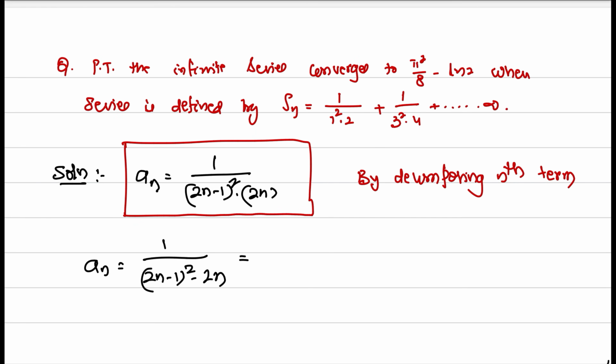when we decompose, let us say this can be written as A by 2n, similar procedure to what we adopted in the previous example, plus B by 2n minus 1 plus C by 2n minus 1 whole square.